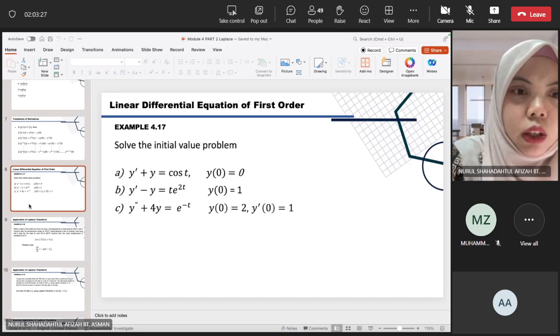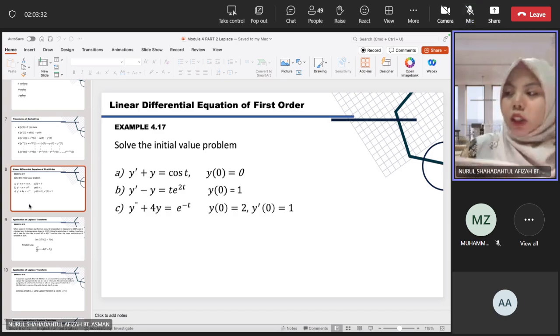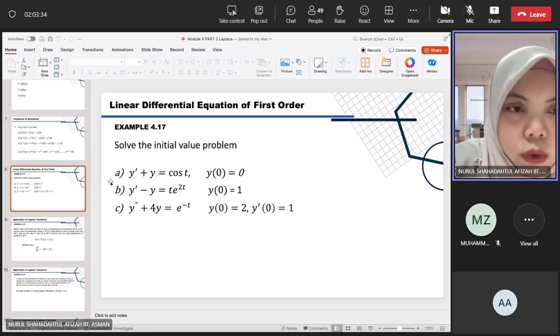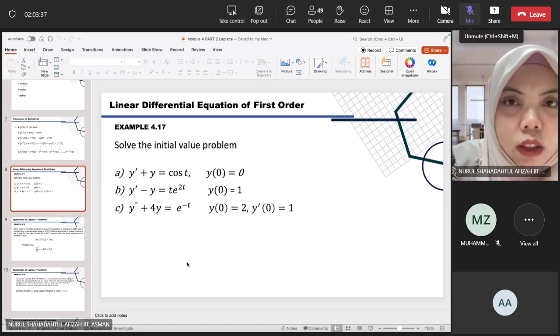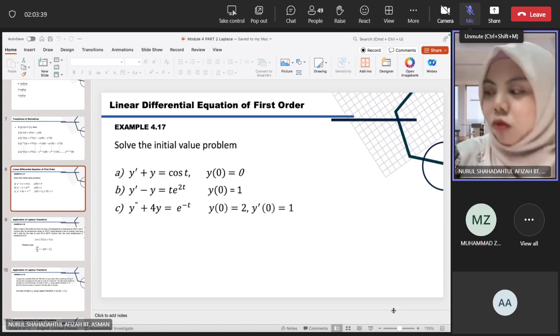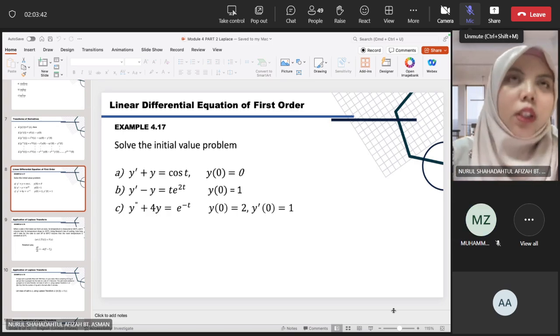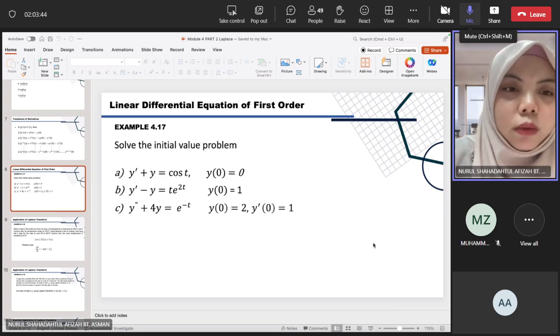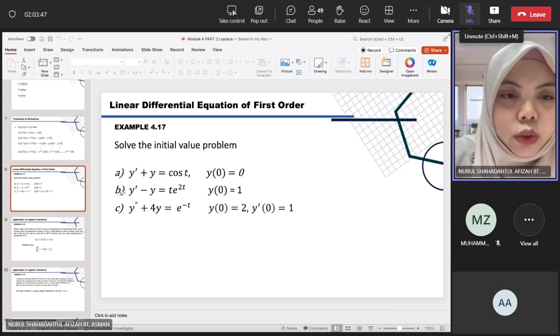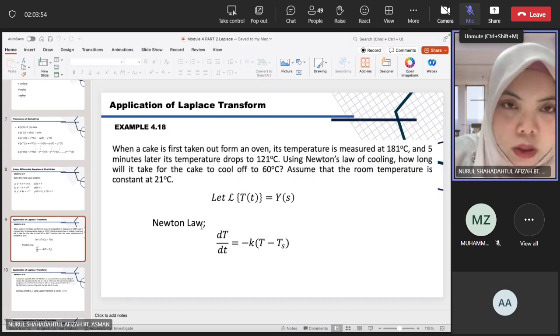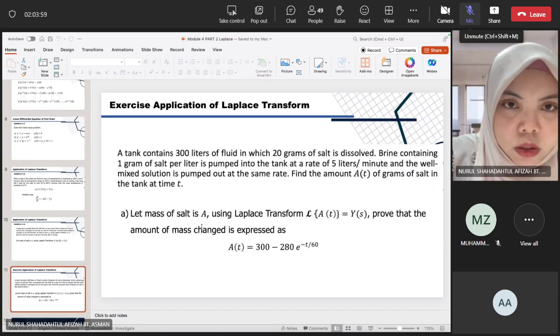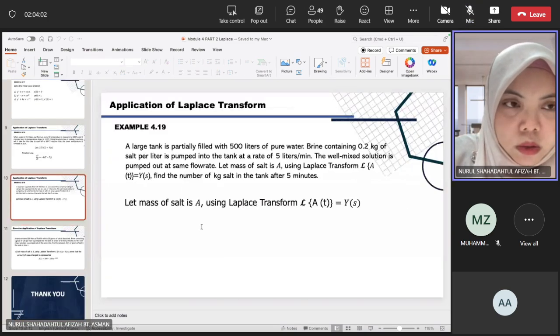I've shown the answer for A and C. Did you get the answer that I just wrote for A and C? No? Okay, never mind. I will give the answer later for A and C, and I'll also share the solution for question B. And then we have 2 more examples left.